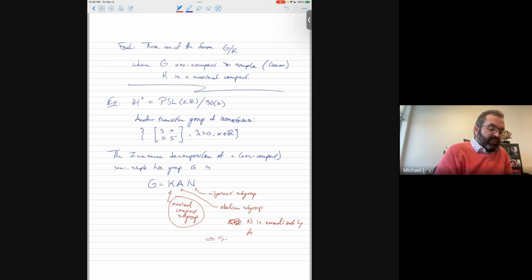But we do get this: S equals AN is a solvable subgroup. And in some kind of moral sense, it plays the role of the Borel in the real setting. So this is similar in a sense to the Borel subgroup of a complex semi-simple.